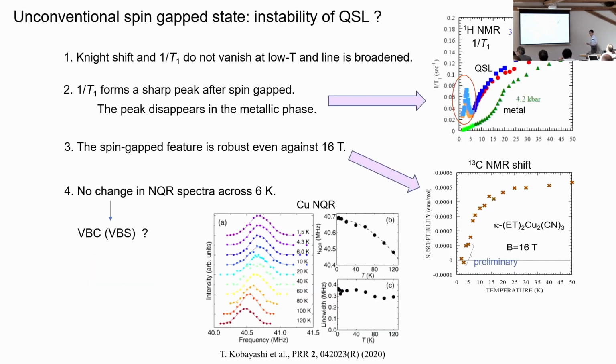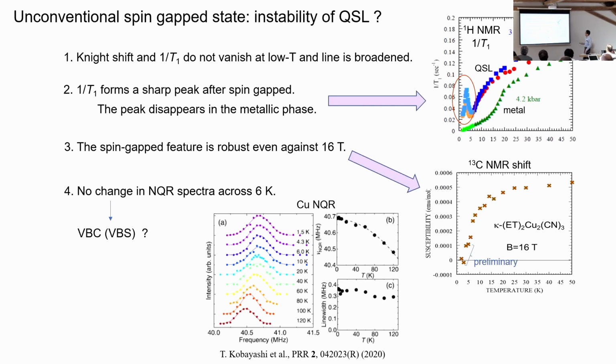The other one is that if we apply a magnetic field of 16 Tesla, this decrease of the Knight shift is very robust and not changed. In conventional cases, for example singlet states or valence bond solid states, maybe 10 Kelvin is a characteristic temperature of the gap. Maybe under 16 Tesla this gap is closed or shifted or decreases, but here it is very robust.